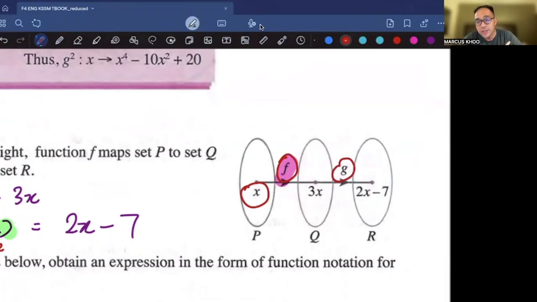The first function maps the object to the first image, and then the second function maps the first image to the final image, the second image.